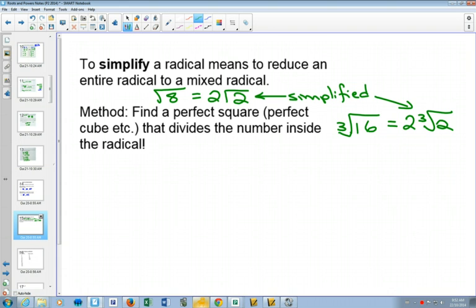So the way that we do this is we look for either a perfect square or a perfect cube, depending if we have a square root or a cube root, inside that divides the number. So for example, if I would take something like the square root of 54.